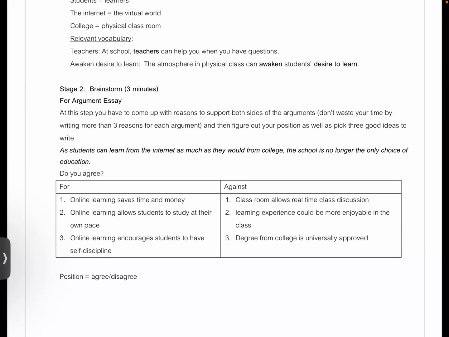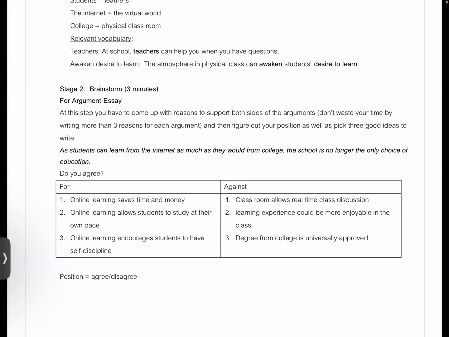So that's the idea. You don't want to take a position before you have seen all the ideas that you can develop. So you only take a position once you see how all the ideas will unfold.